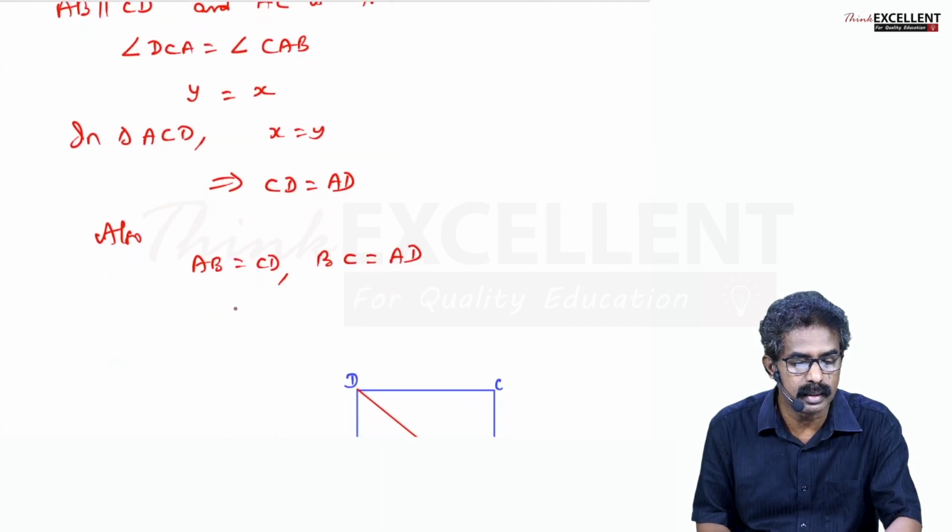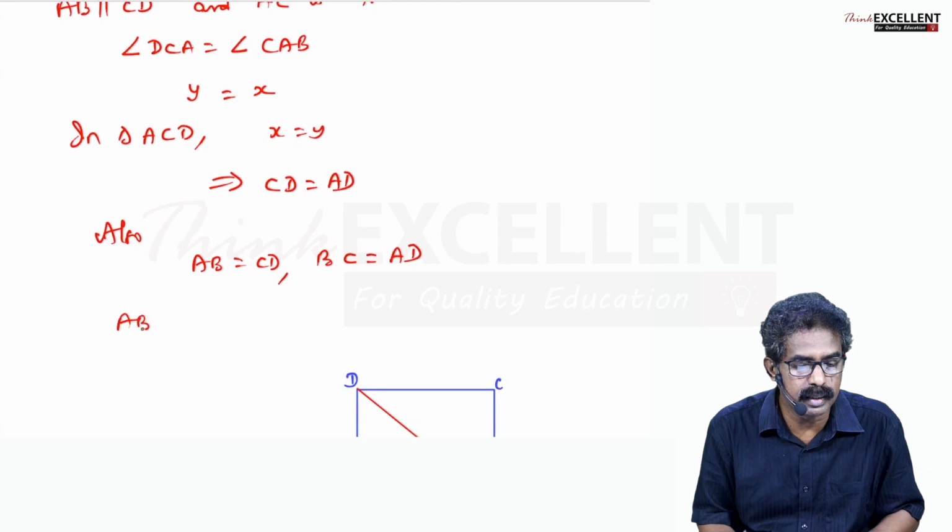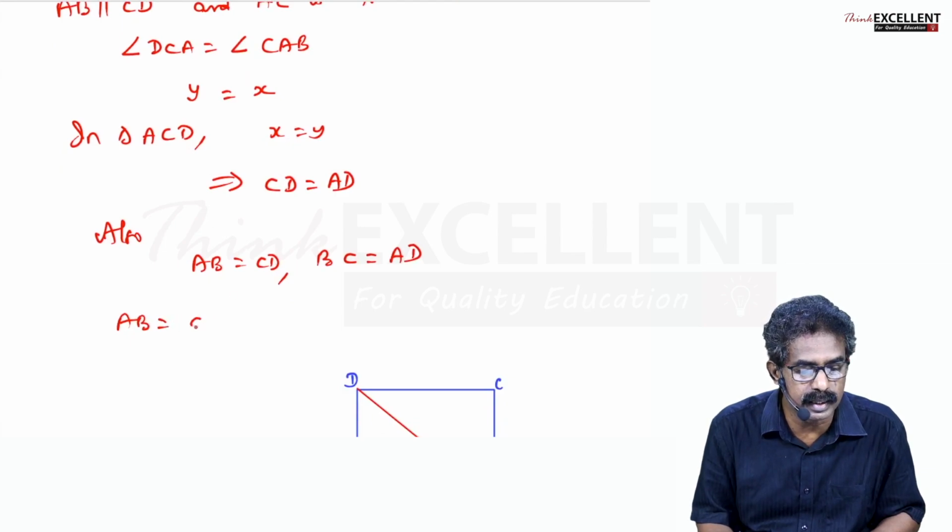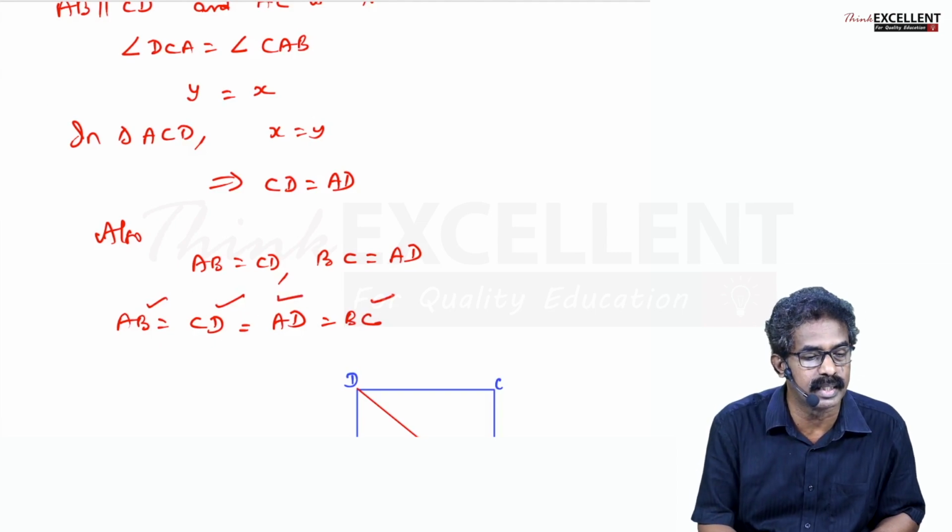So AB equals CD, and CD equals AD, and AD equals BC. Now you have all the sides: AB equals BC equals CD equals AD. All four sides are equal.